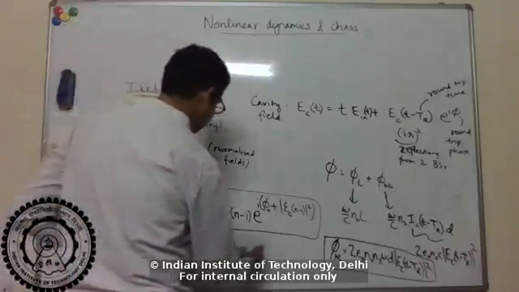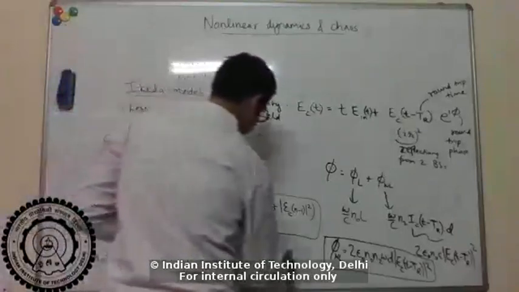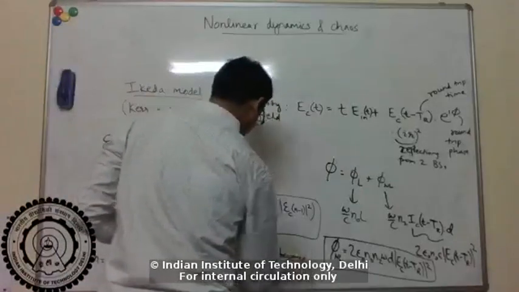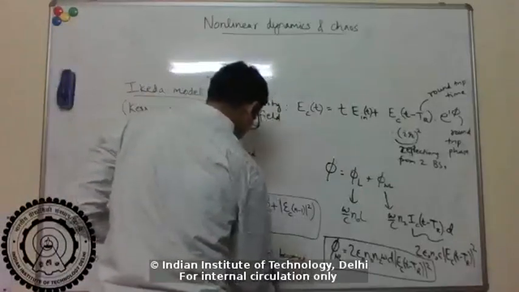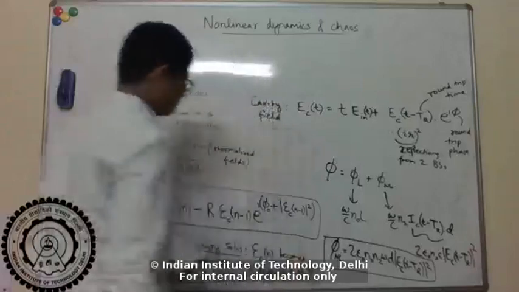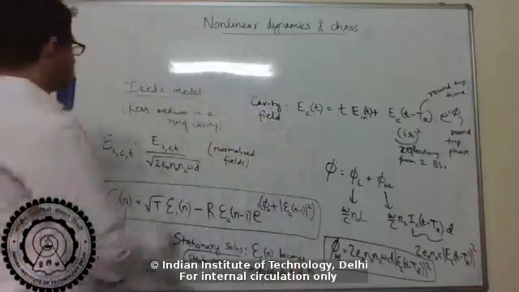So for stationary solutions, eventually EC of n becomes independent of n.